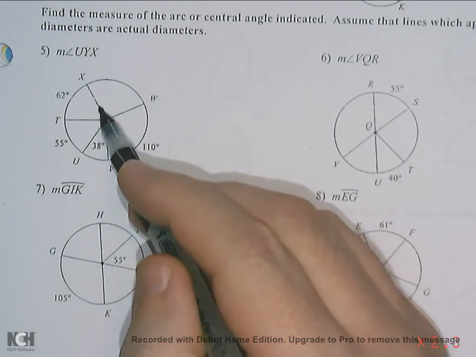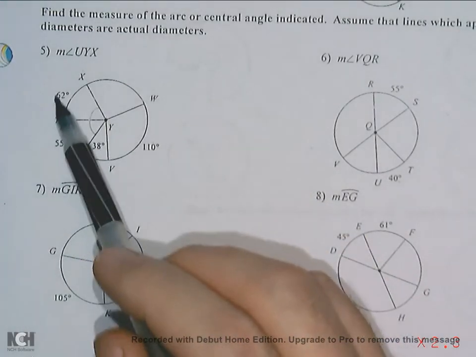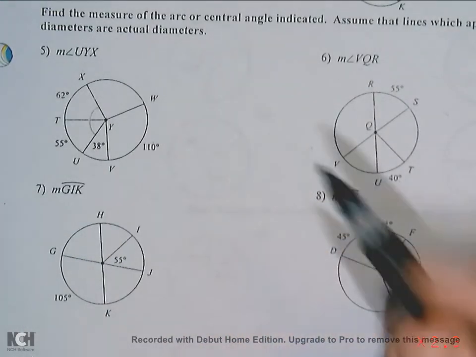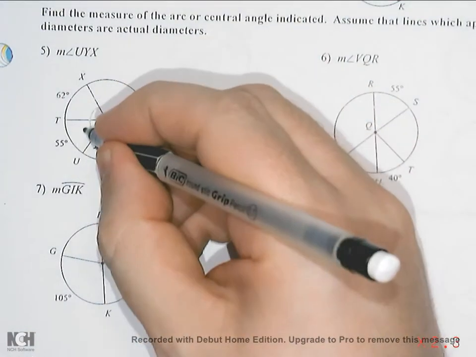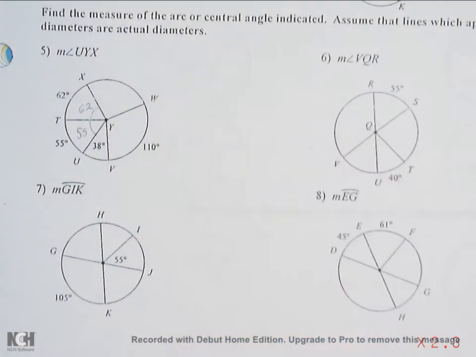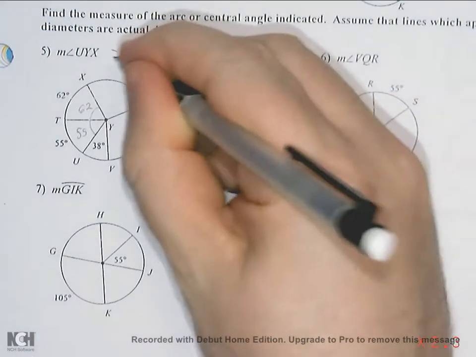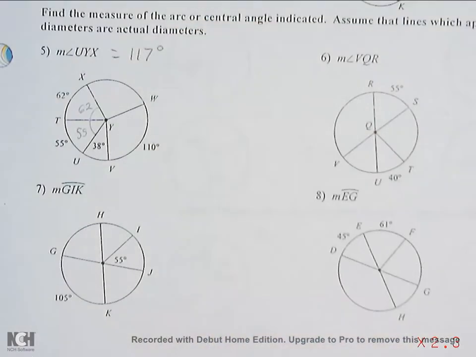So this angle right here. Well, it gives me the arcs that go with them. So again, the arcs and the central angles are equivalent. So that means that this angle is 55 and this angle is 62, right? So if I add them together, 55 plus 62 is going to give me 117 degrees. So that's equal to 117 degrees. Okay, not too tough, right?